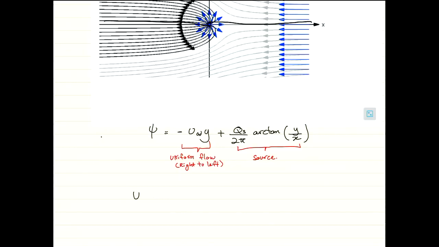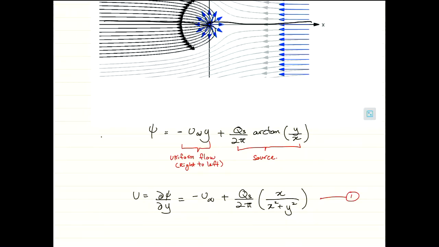Okay, so U is just equal to del psi over del y. So my first term just becomes negative u infinity plus, and I hope all of you know how to differentiate arctangent now, so it's just going to be Qs over 2 pi, x over x squared plus y squared. Okay, I'm going to call this equation 1.